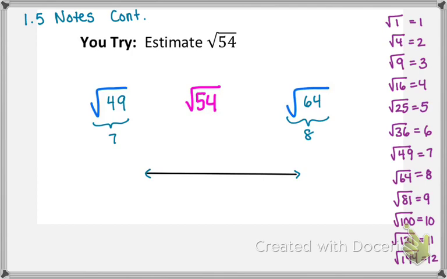So if I put the square root of 49 right here, which is 7, and then I put the square root of 64 right here on the number line, which is 8. Between 64 and 49, there's a difference of 15, so there's 15 units between them, and half of 15 would be 7.5.